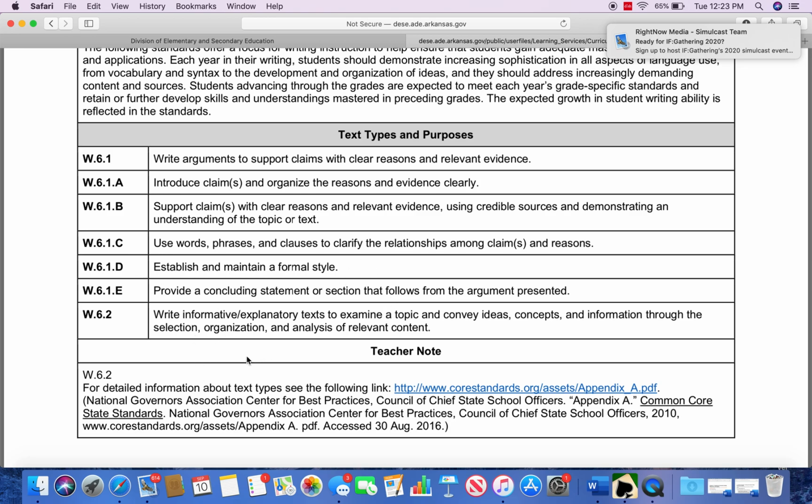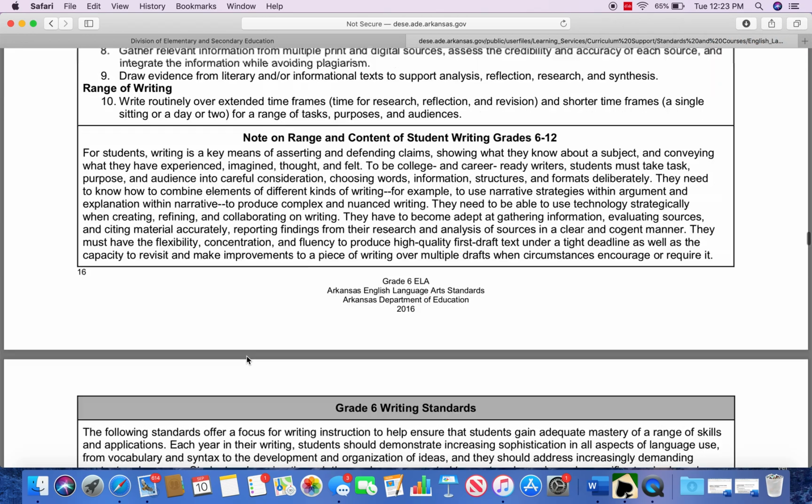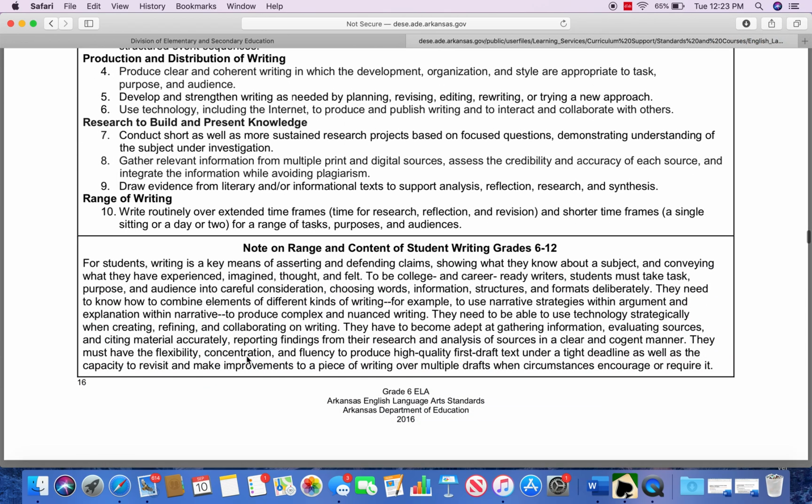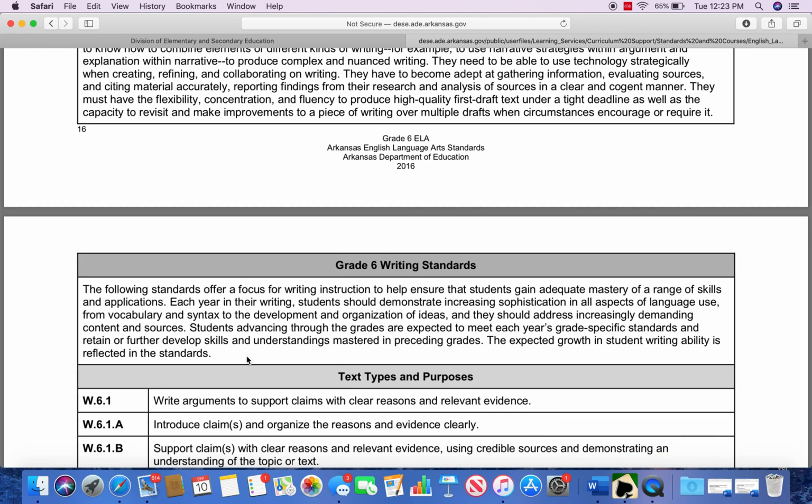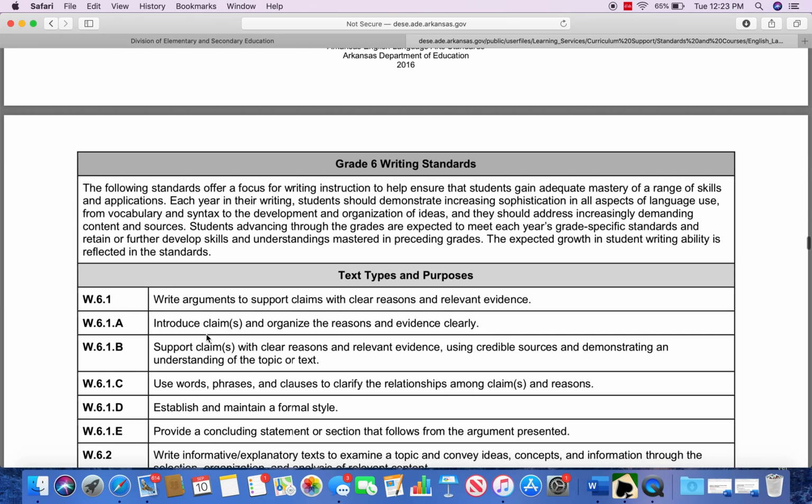So if you're teaching writing, you can also incorporate some of these others. So you would have one specific focus in your writing technique that you're teaching them. You're teaching them something specific about writing, and you're looking for that one specific thing. Maybe you're just teaching them to introduce claims.